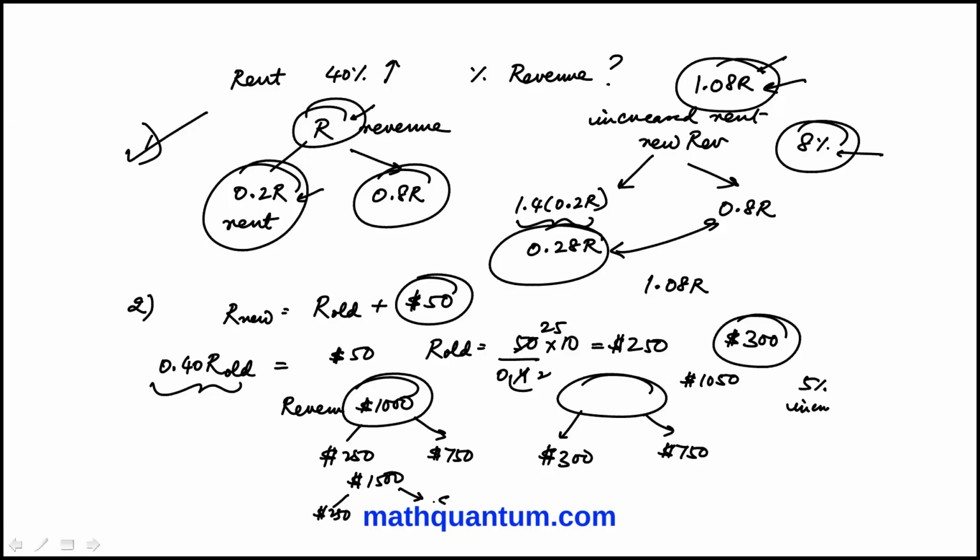So this will be 1,250, and then we have 300 here, 1,250. Total is 1,550. And now this is 50 over 1,500, so this is going to be about 3%, 3 something.